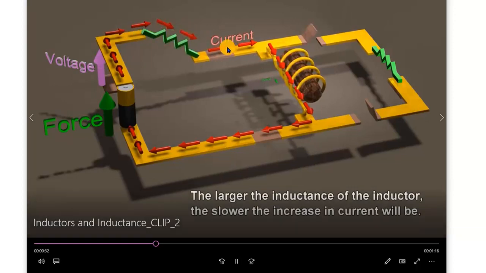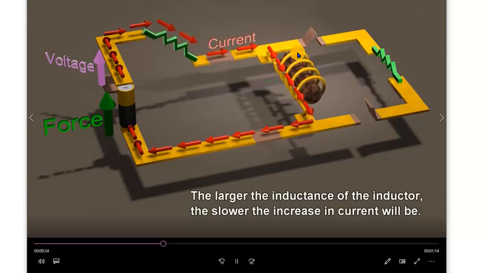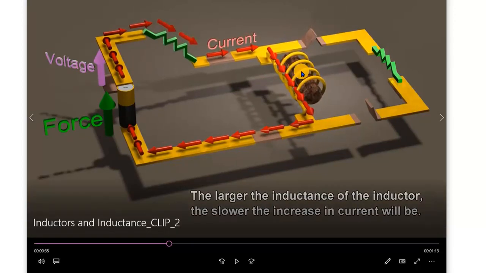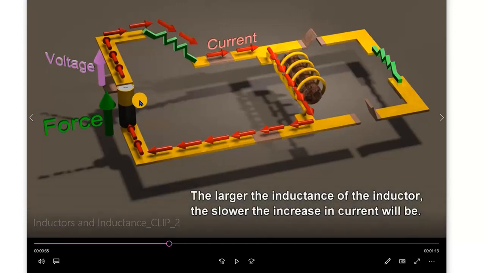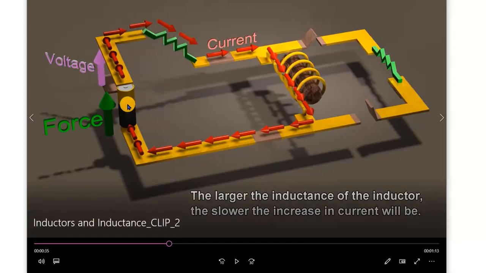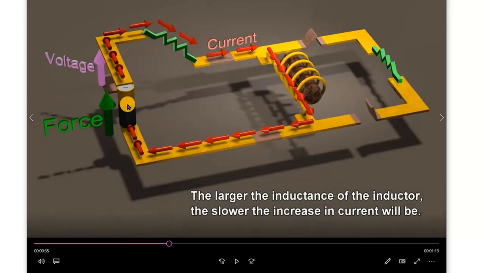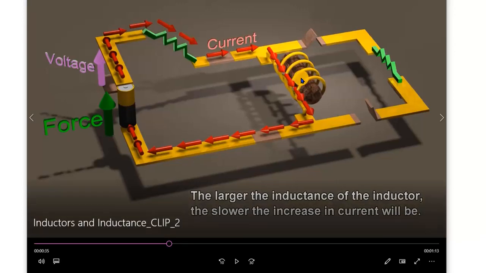The current keeps on growing until the inductor does not supply any more resistance to the flow of current. So as this one reduces its opposition, the cell now pushes current through the whole circuit, and the current increases gradually as the inductor reduces its opposition.